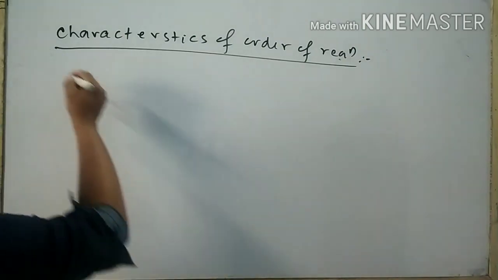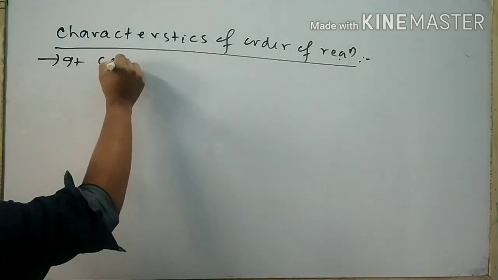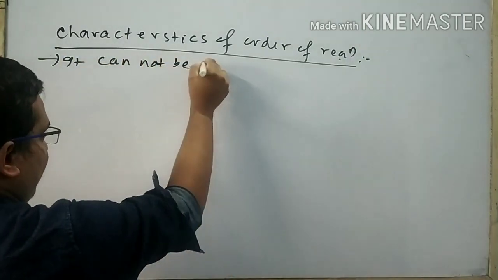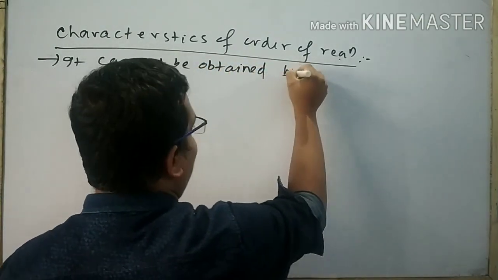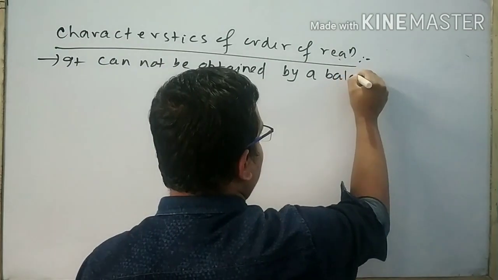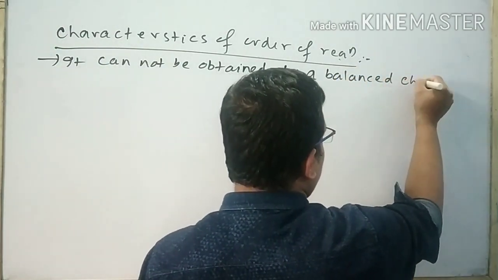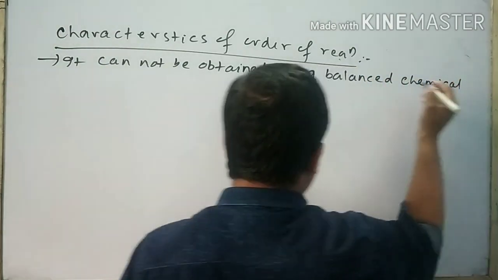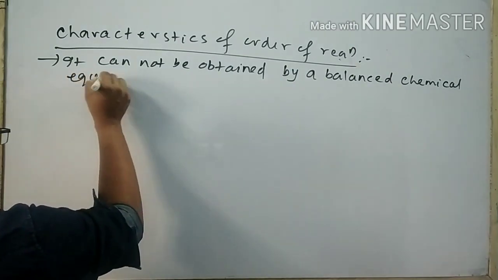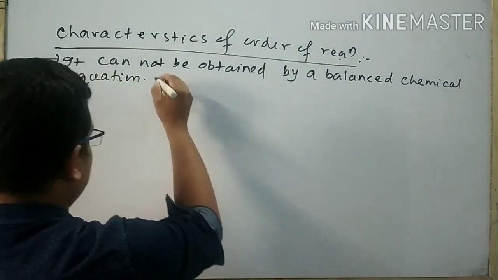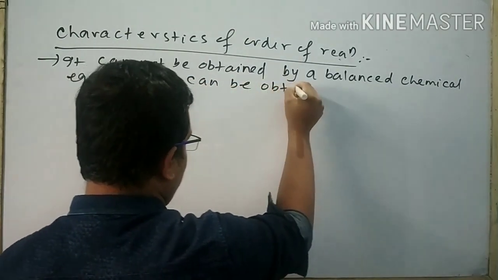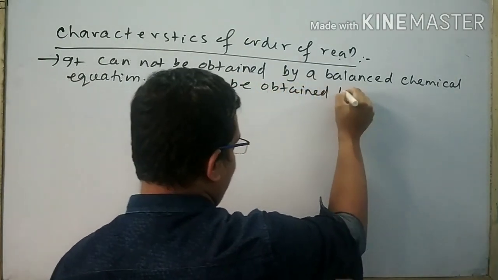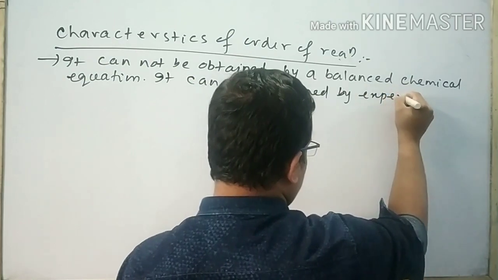So we can write, it cannot be obtained by a balanced chemical equation. It can be obtained by experiment.